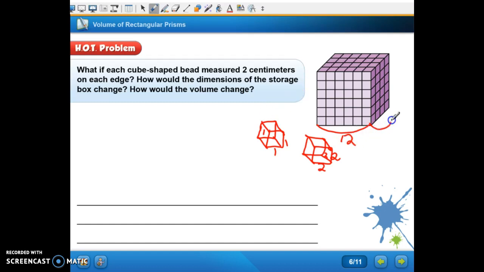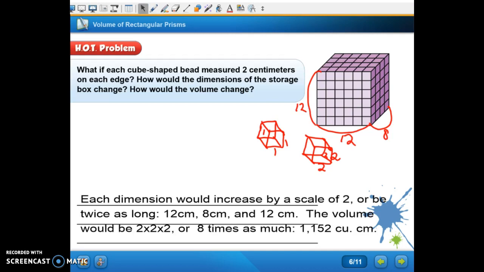And this would be 8. And this would be 12. Okay? So each dimension would increase by a scale of 2 or be twice as long. The volume then would be 2 times 2 times 2, or 8 times as much as what we found when it was 1.